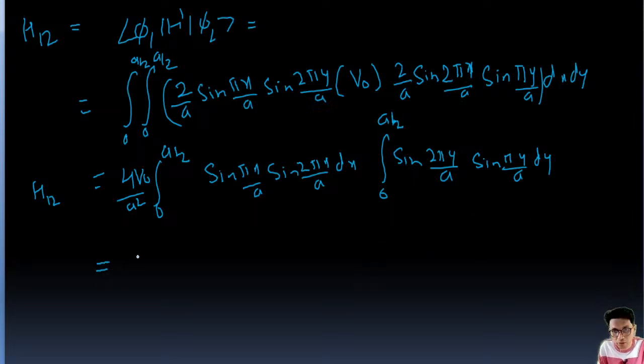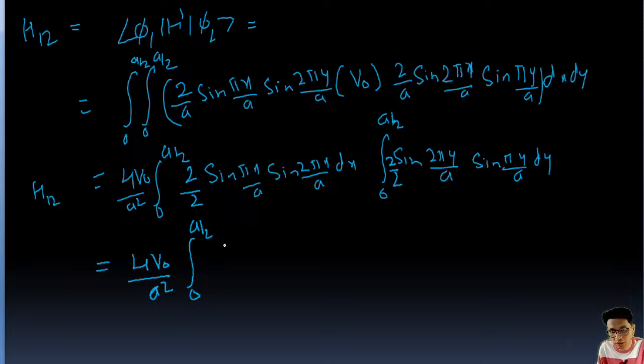Okay, so this is going to be 4v naught upon a square, and this is integration 0 to a by 2. So I'll multiply by 2 and divide by 2. Similarly, multiply by 2, divide by 2, to make it 2 sine a sine b.